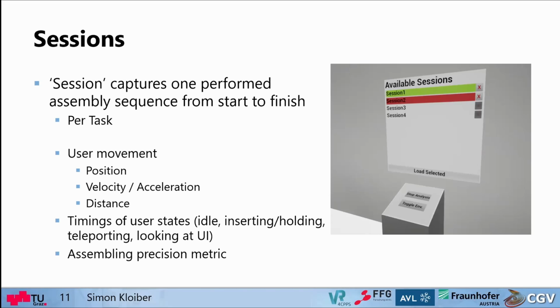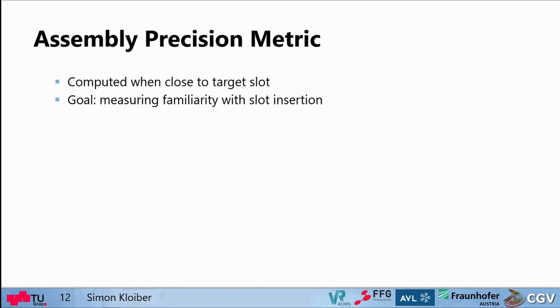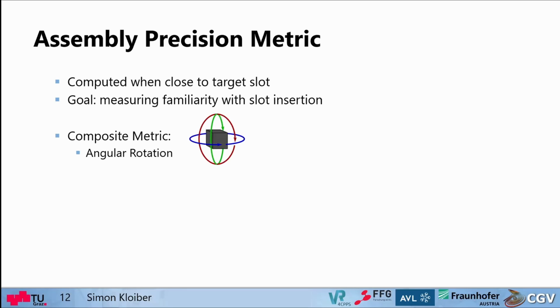In addition, we have devised our own assembly precision metric, where we compute it only when the user is close to a target slot. So when the thing that has to be assembled is already close to the target, with the goal of measuring the familiarity with insertion itself and factoring out all the other external issues.